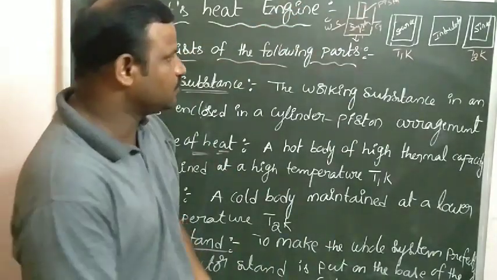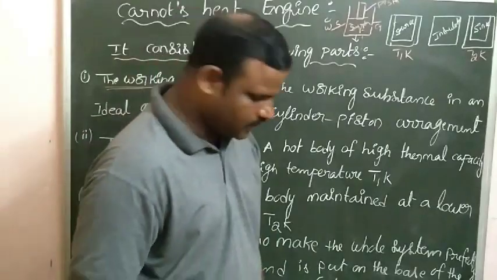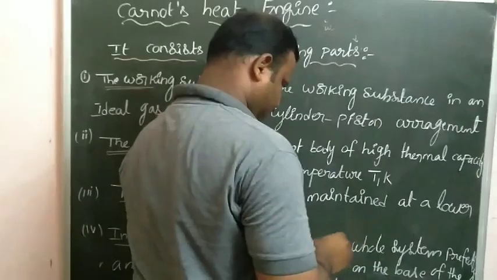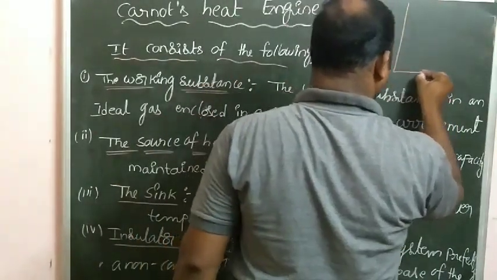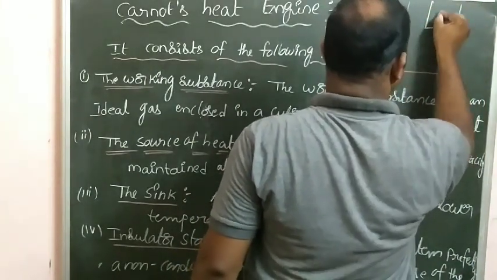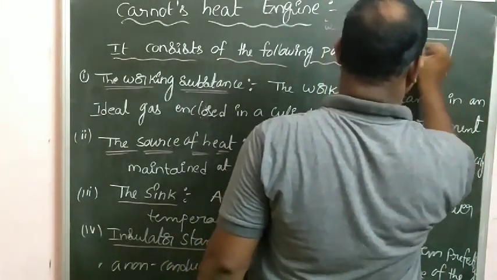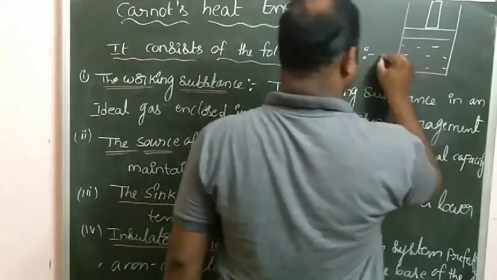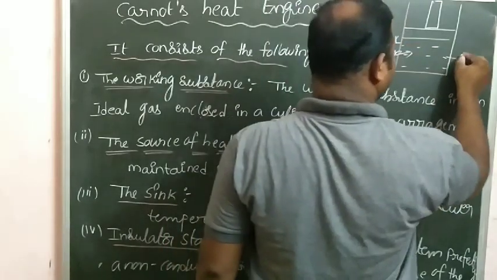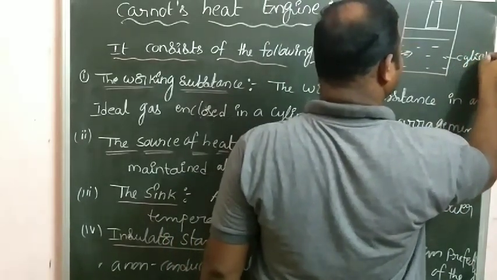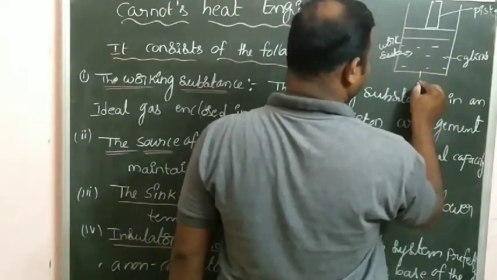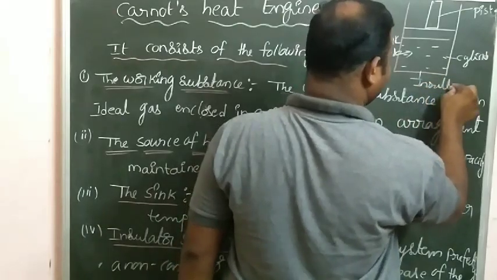Based on this diagram, this is the cylinder, this is the piston, this is the complete gas, this is the working substance, this is the insulator.